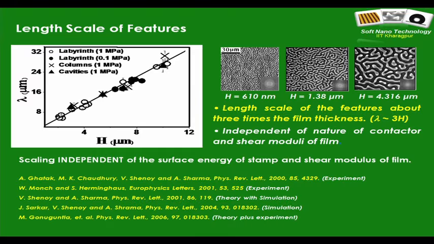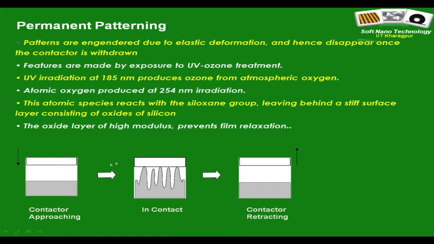There is in fact an additional complexity, and the complexity is, when I gave you the example of a rubber band, this is after all an elastic film. So, when it is in proximity of the contactor of course you see these structures, but when the contactor is withdrawn, because if you would like to use these patterns for some other application, let us say for fabrication of hydrophobic surfaces or something like that, when the contactor is withdrawn, it is an elastic film.